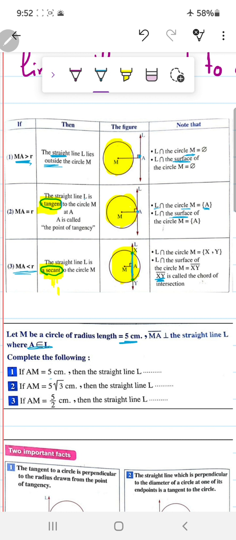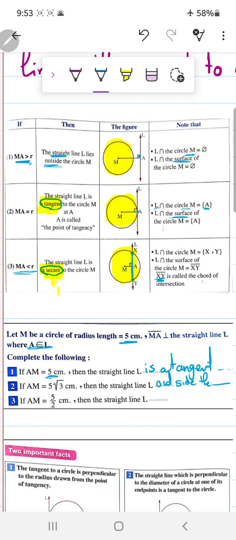If AM is 5 centimeters, so here MA equals R, it means the straight line L is a tangent to the circle M. Number 2, if AM equals 5 root 3, if we write 5 root 3 in your calculator, it's greater than 5. So here L is outside the circle.